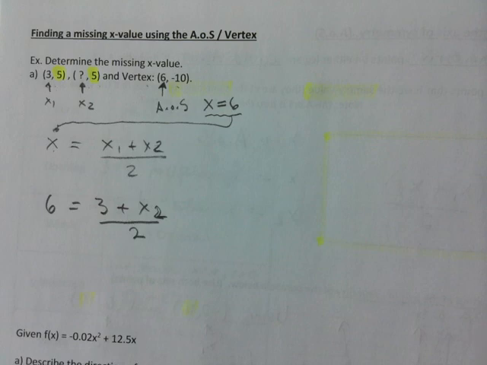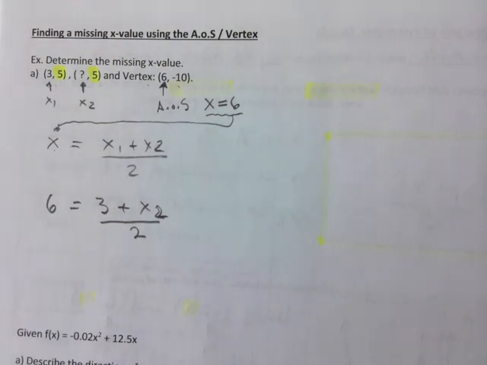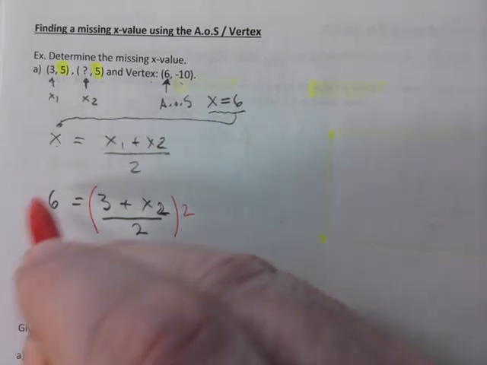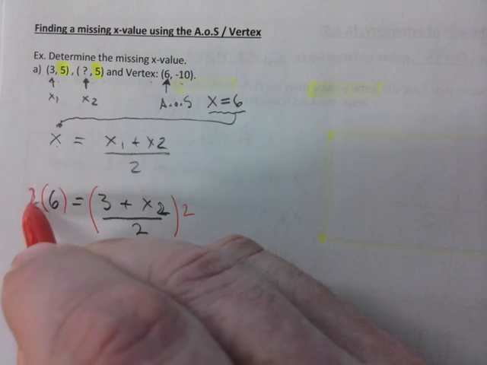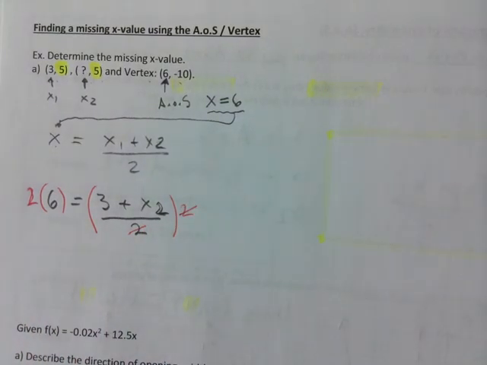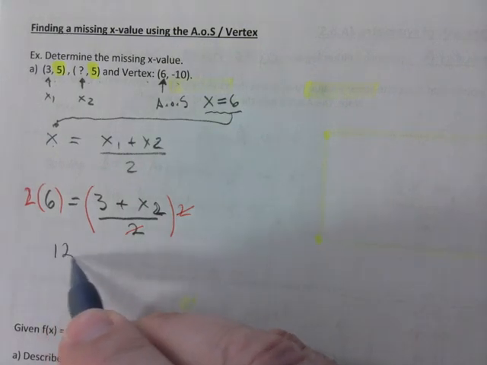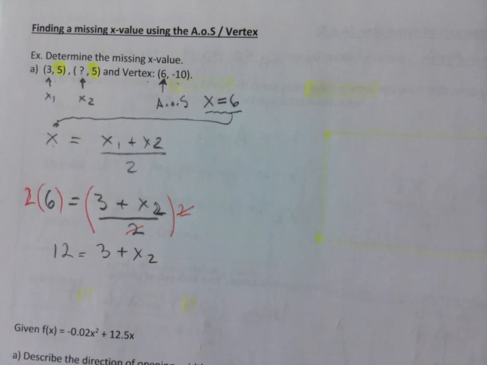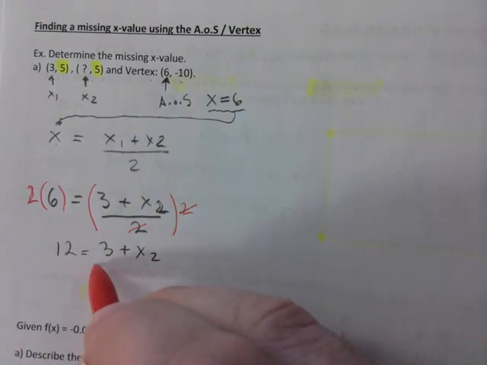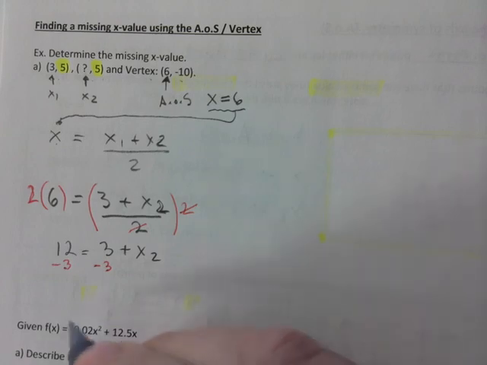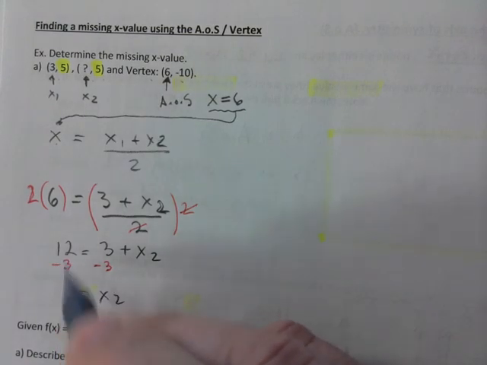All right, so now what? Now we do some algebra. It's like backwards. Okay. We multiply both sides by 2 to be able to cancel that out. That is 12 is equal to 3 plus x2. We subtract 3 from both sides. x2 is equal to 9.